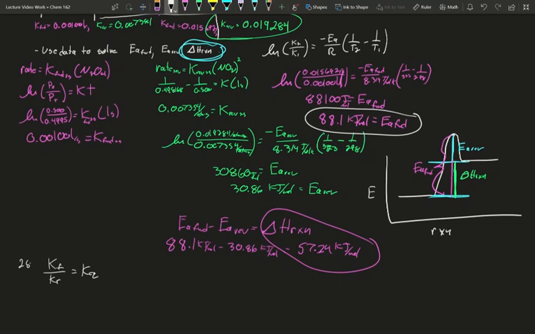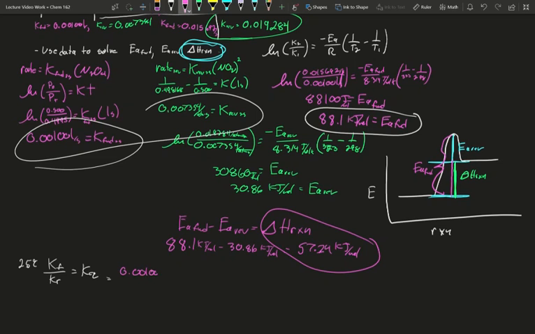So at 25 degrees Celsius, we just solve those values. 0.001001 divided by 0.007354 must equal our KEQ at 25, as those are the rate constants at 25. This will give us a KEQ at 25 of 0.136116.